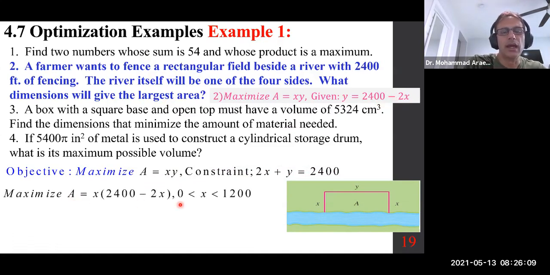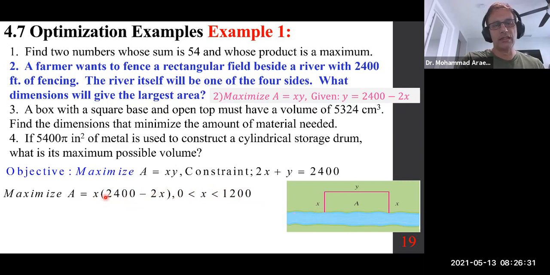Replace it, and a couple of things are important to notice. Number one, you are going from two variables to one variable. Number two, what is our domain? X represents a side, so it has to be positive. Why is it between 0 and 1,200?